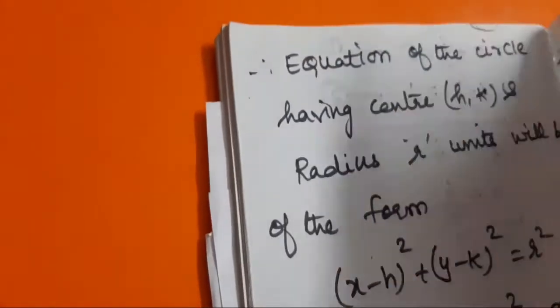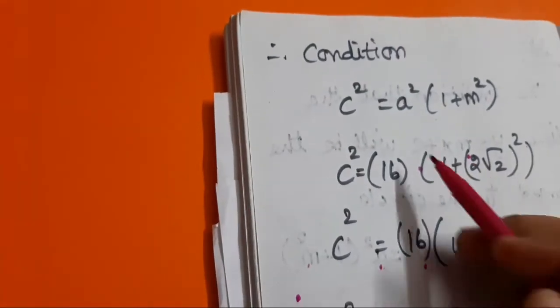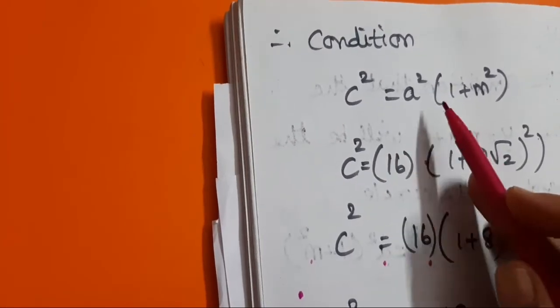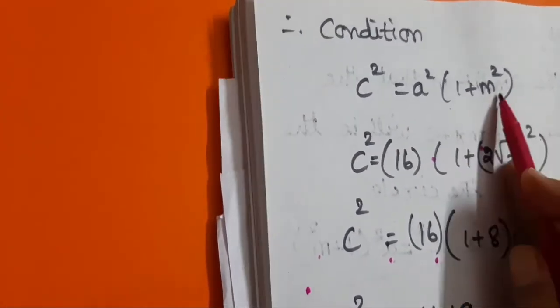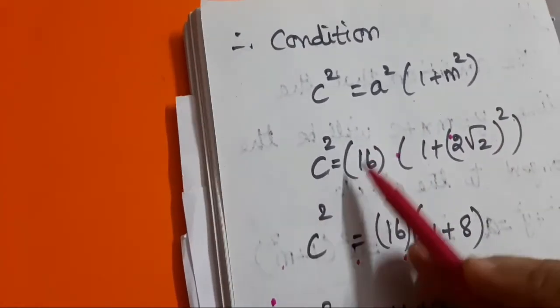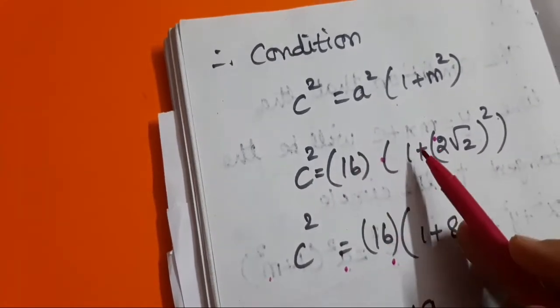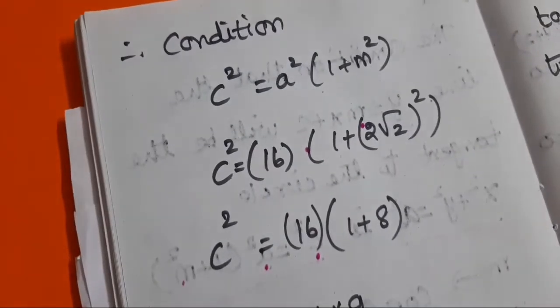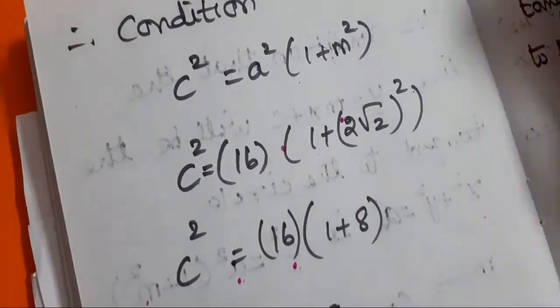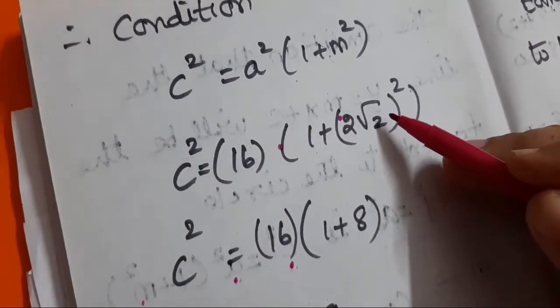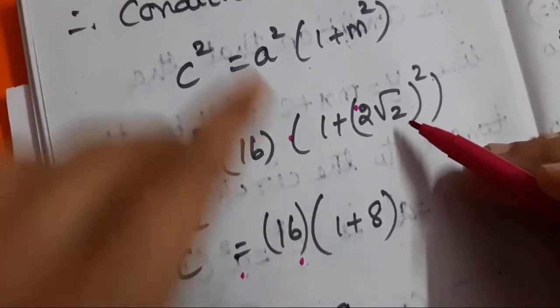What is the condition I have? Here C square is equal to A square into 1 plus M square. So C square is equal to 16 into 1 plus M square, where M is 2 root 2, so M square is 2 root 2 whole square.